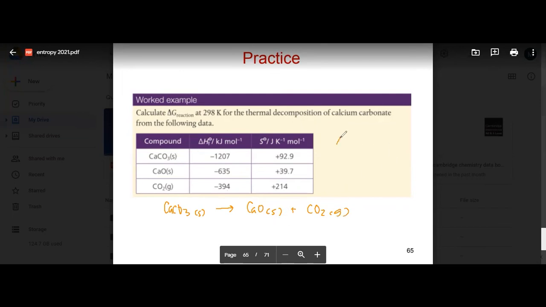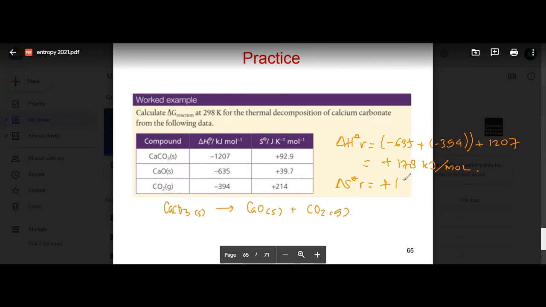First we should find the delta S of reaction by using products minus reactants. This is CaO plus CO2 minus CaCO3. Same way to find the delta S of reaction, product minus reactant.